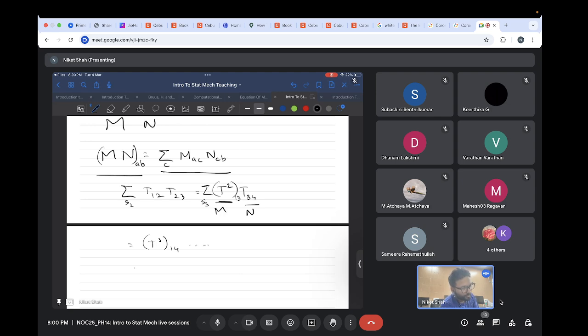We'll keep on doing this till eventually we're left with t raised to power n, and because the final one is 1 only, I'll actually be more elaborate about this. T cube 14. So t raised to power n minus 1, 1, n to t raised to t and 1.